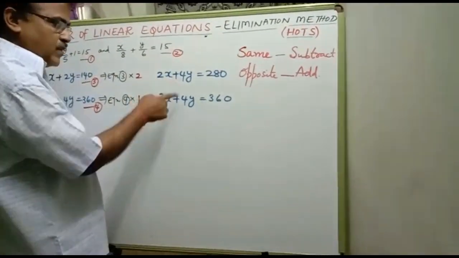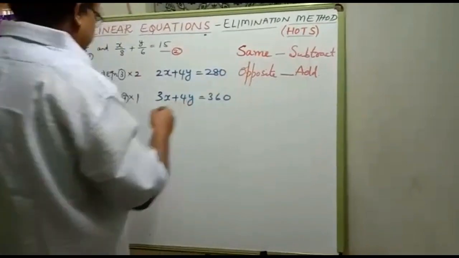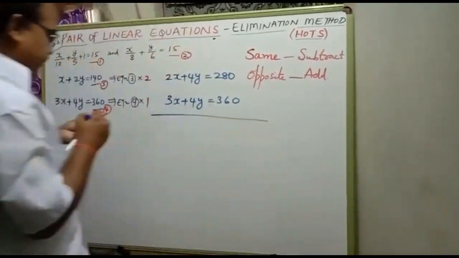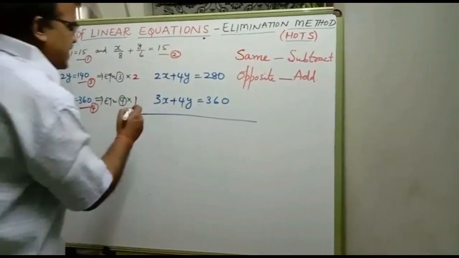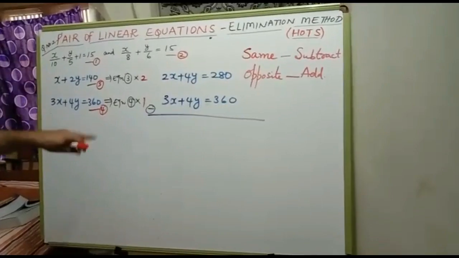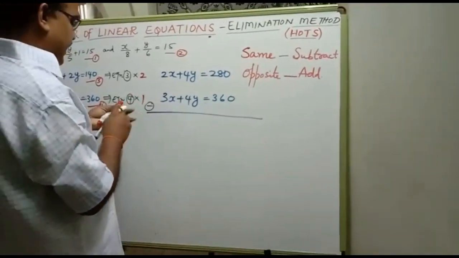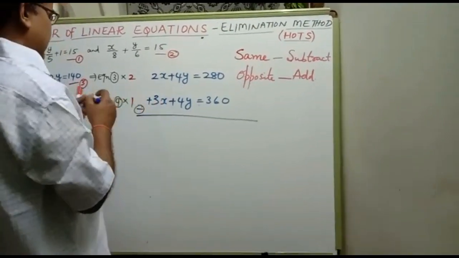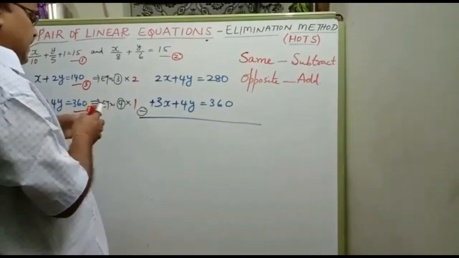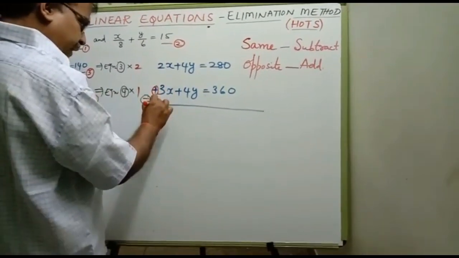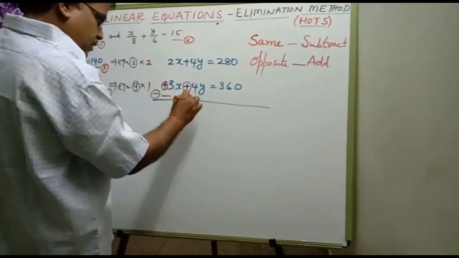Same signs, plus plus. If it is same signs, subtract. Now subtraction. Because of this minus, some changes are there. Here, the sign of 3x plus becomes minus because of this minus.